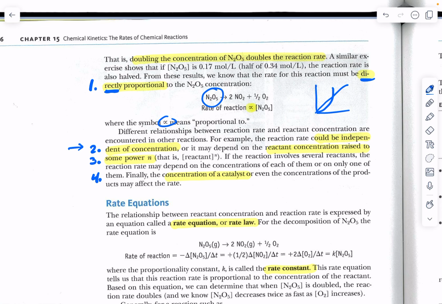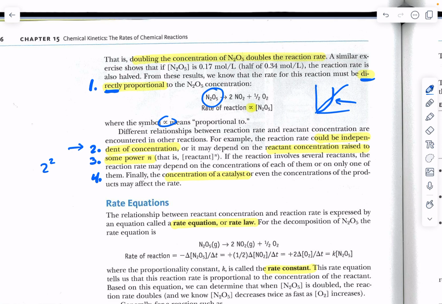A third possibility, which is also pretty common, is if you double the concentration of the reactants, you might actually have the rate go 4 times greater, 2 squared, in which case you're going to have this kind of curve. If you were graphing it, it's going to be exponential.